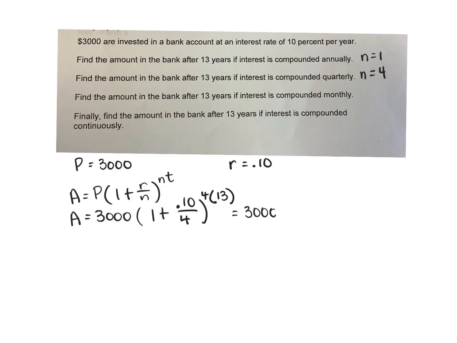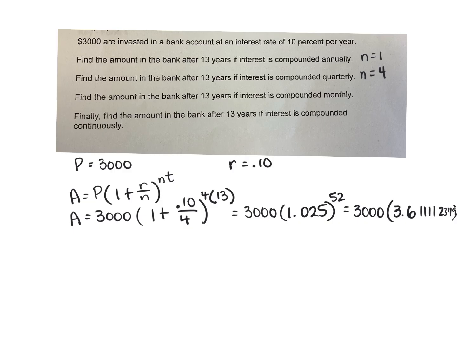So that my base is going to be 1.025, and then we're going to raise that to the 4 times 13th power, which is 52. So the calculation still is 3,000 out front. You take 1.025 and raise it to the 52nd power. Again, we get this big long decimal, bunch of ones, and then 2, 3, 4, 9.